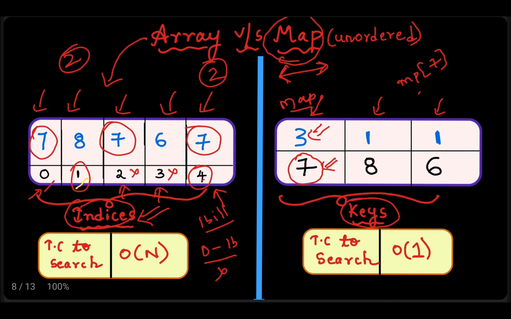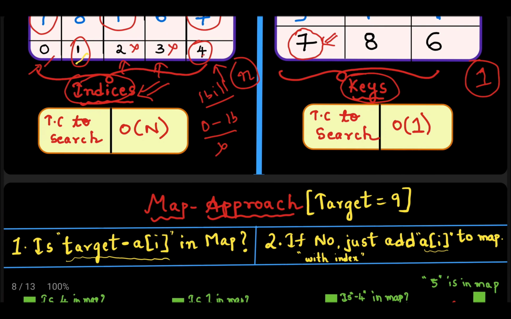So in O of 1 time complexity, I can easily get the answer as 3. So we are improving the time complexity, which previously took n, and now takes just 1. Now we shall see how this map concept can solve our problem efficiently.